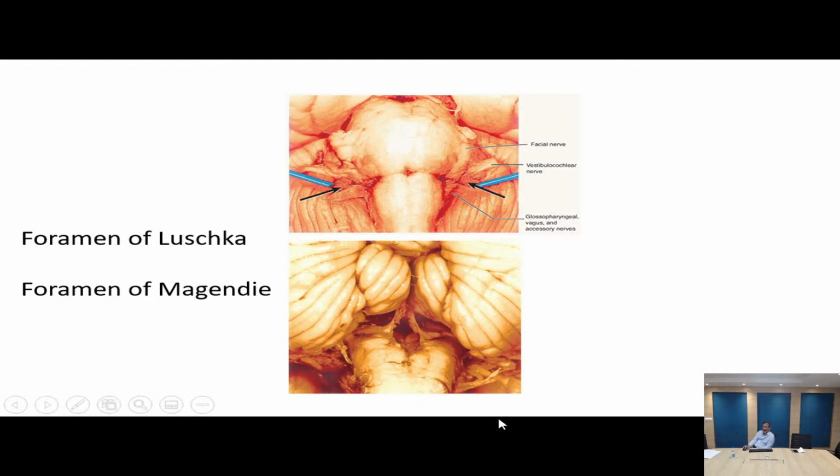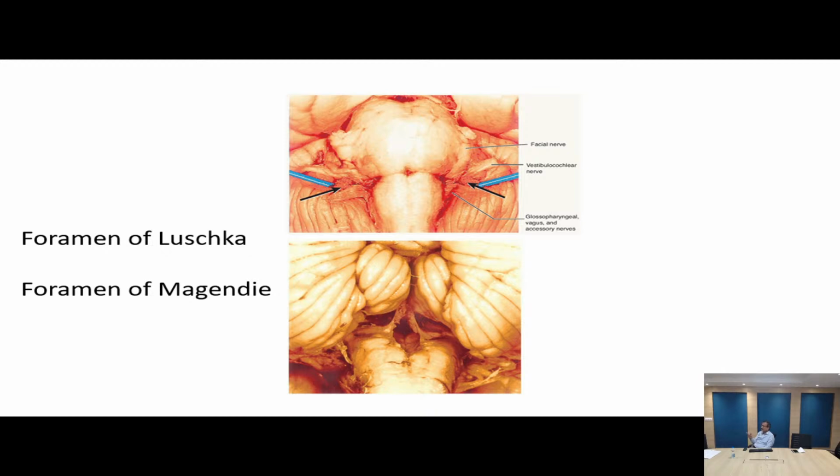What may happen is that the pus may close these openings, and when these openings are closed, the CSF is not able to drain out. And remember, the CSF has a very fast rate of formation. On an average, the entire CSF is replaced almost 7 times, about 700 ml of CSF being formed every 24 hours.